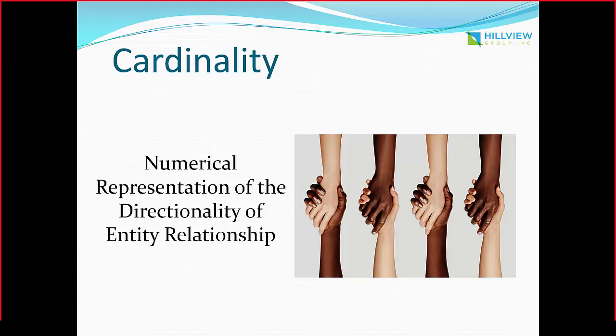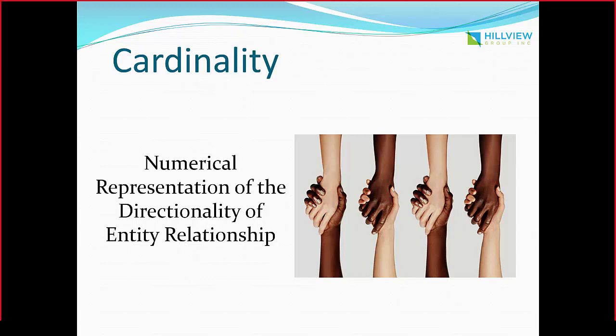Then you start taking those entities in pairs, two at a time, and then you will be looking at the business rules and be trying to come up with what their cardinality is. Because by knowing what those cardinality is, you will know where to put your primary key in that entity pair, and where to put your foreign key, right?